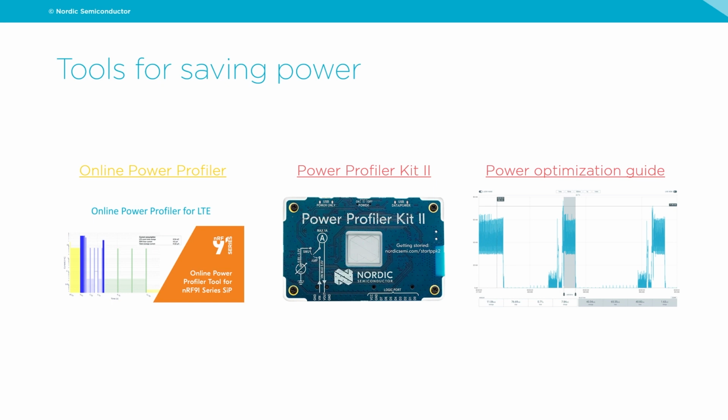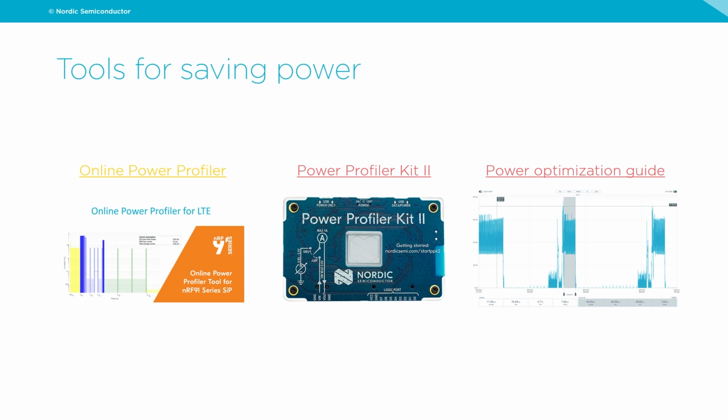This is very useful with the power optimization guide, so you can actually use these config parameters, and then the power optimization guide will show how to take it from theory to an application. Afterwards, once you're ready to go, you can use the Power Profiler Kit 2, which works very well with our nRF9160 DK and Thingy:91, and then you can hopefully see the same power consumption on the device itself as you have seen in theory on the online power profiler.